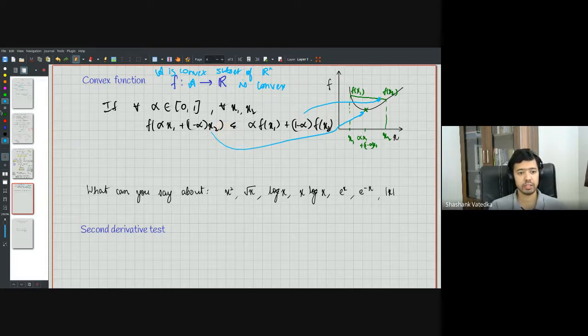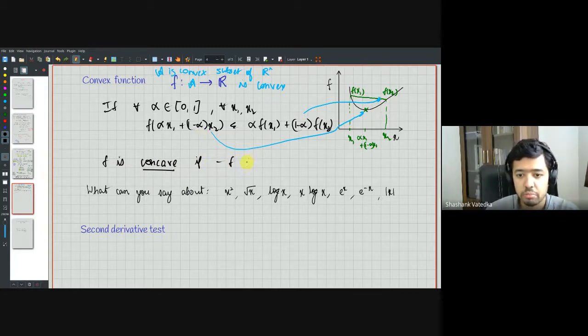And similarly, you say that f is concave if it's like an inverted bowl. So if minus f is convex.